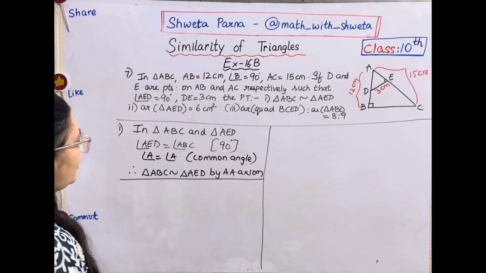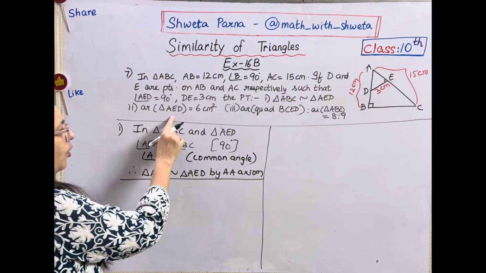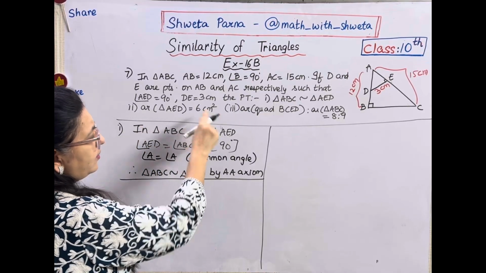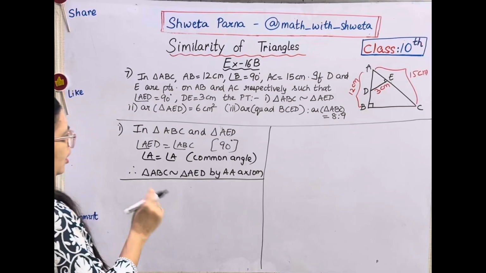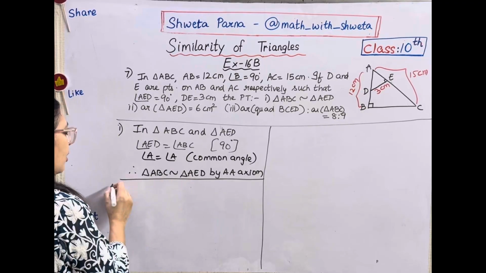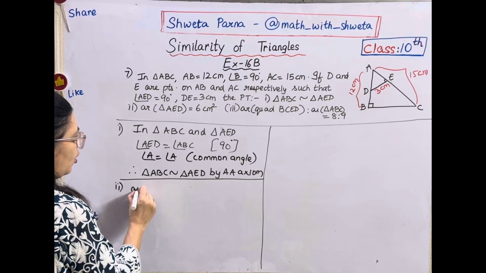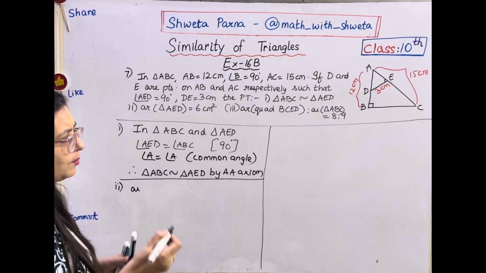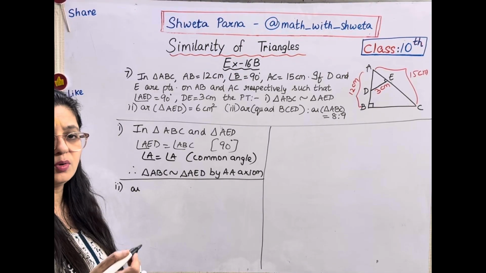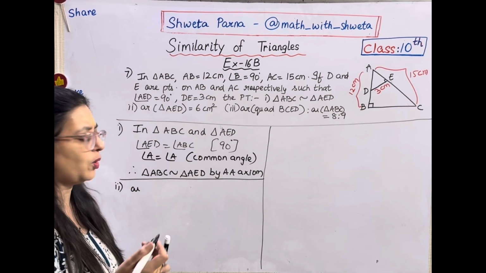Okay, now the second one I have to prove. Area of triangle AED is 6 centimeters square. You have proved these two triangles are similar. Now, what is the theorem? Areas of two similar triangles is equal to the square of their corresponding sides.